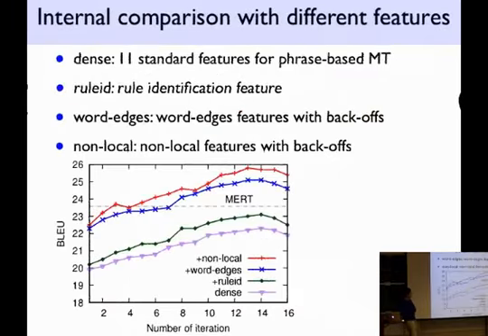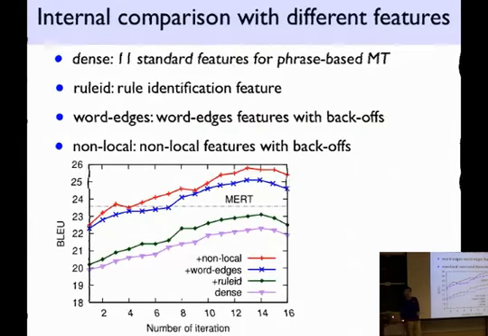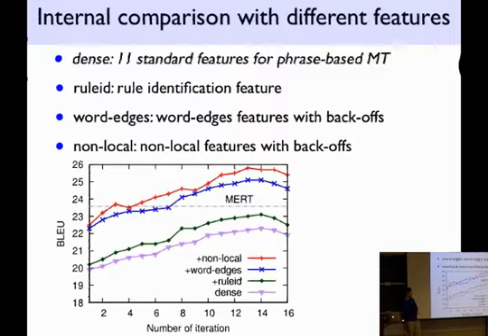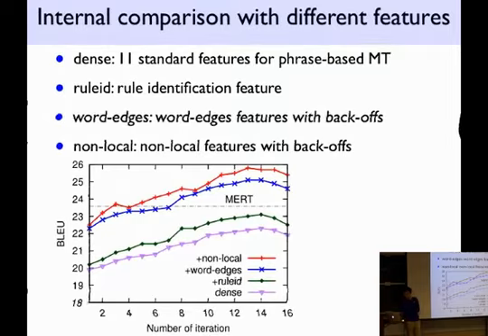Okay, and here is the comparison of the contributions of features. If you just have dense features, like those probabilities and language models and so forth, it doesn't actually work very well, right? It's about 2 points worse than MERT.